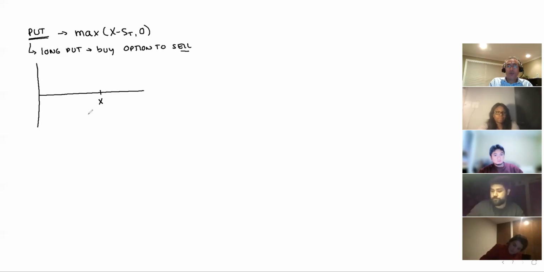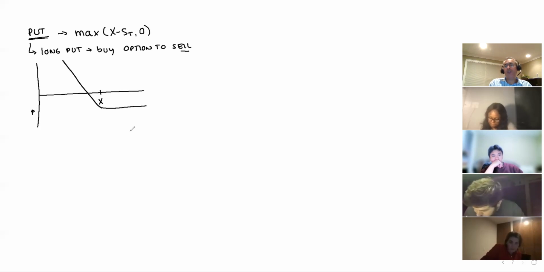Make sense? So basically, as usual, if you buy a put, you have a premium called P. You need to pay a premium. But if the price goes below this point, your payoff is going to be beautiful. Make sense? So this is a long put.